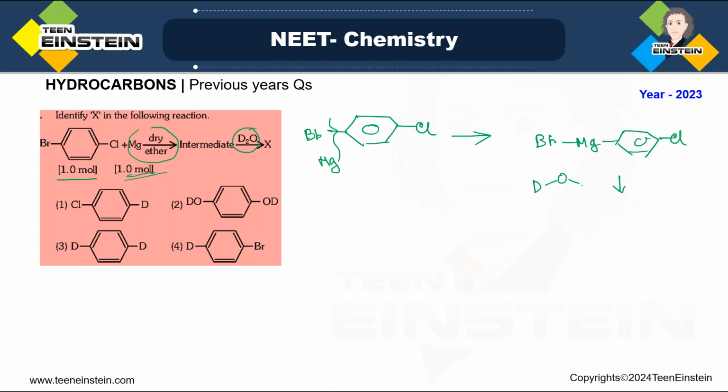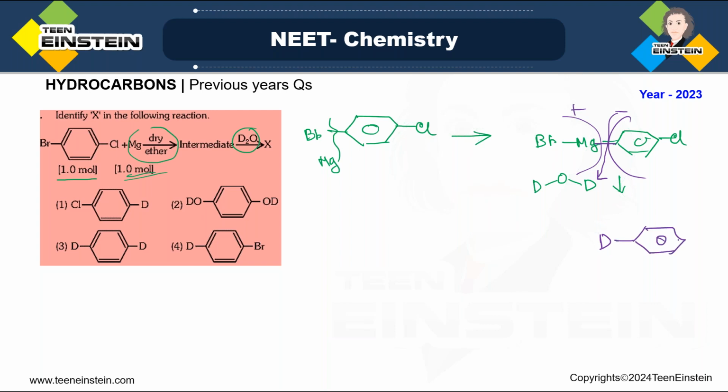Now D2O is just like a water molecule, the only difference is that H is replaced by deuterium. Otherwise there is no difference. And in the Grignard reagent, this is the carbon-metal bond. So this part has some negative character, and here we have some positive character. So this part will act as a base, and it will capture this D. That means D will be attached to the benzene ring where MgBr was originally present.